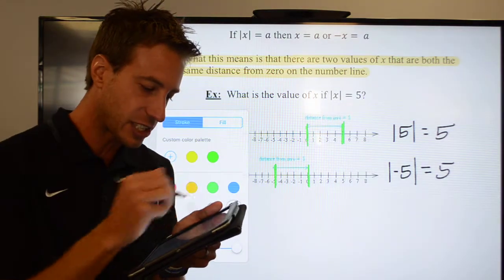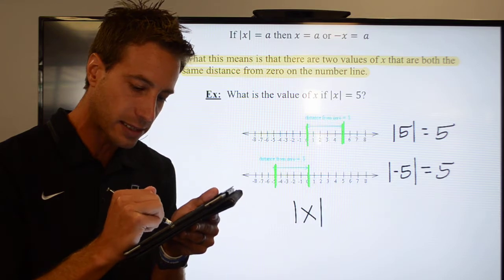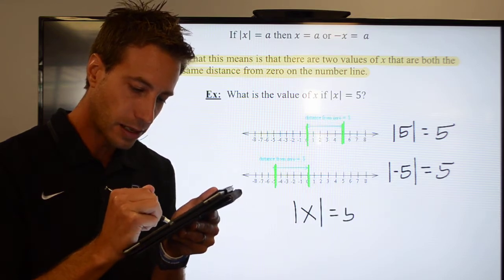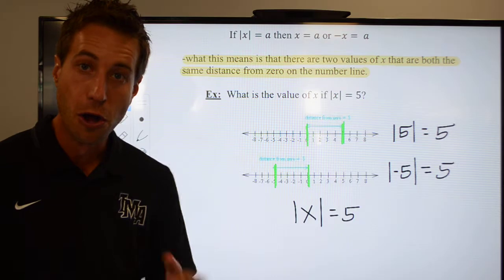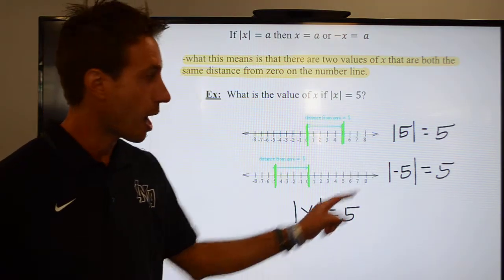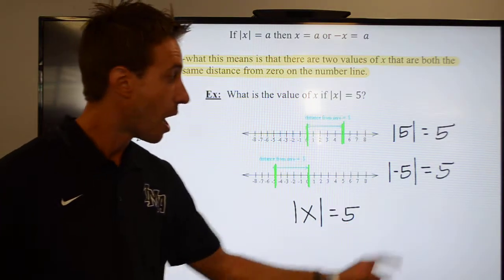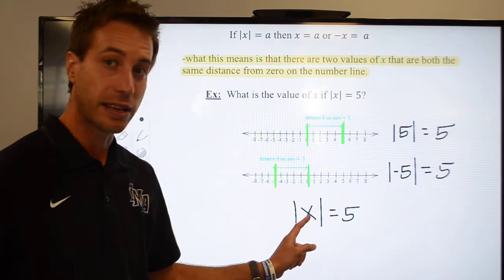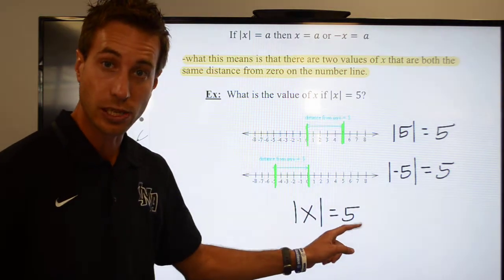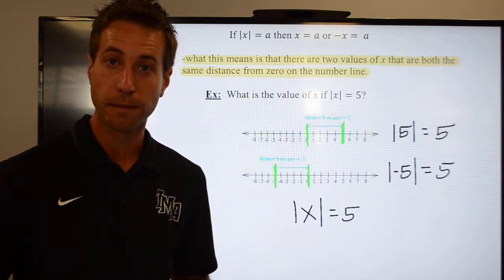What I'm going to ask you to do is solve the absolute value of x is equal to 5. The problem is there's two numbers that work. I could plug in a positive 5, I'll get 5. I could plug in a -5, I'm still going to get 5. So how do you know which one I want?